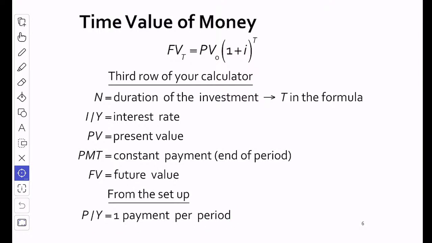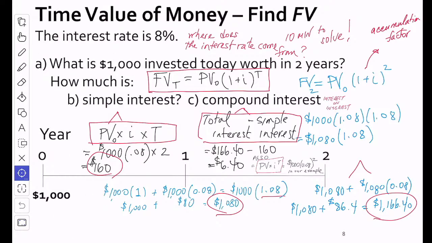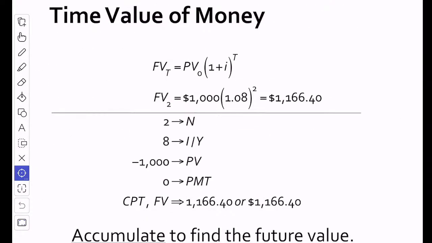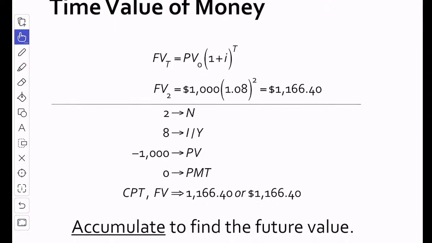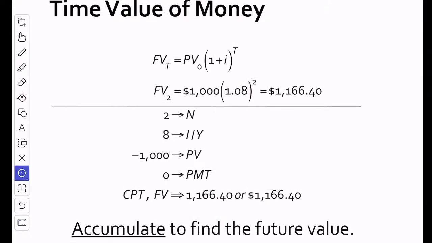Now we're going to use this finance function in the calculator to calculate our answer. So in a test situation, if I ask you a question like this, what I expect to see is the formula with the values inside and the answer. That's it. Maybe a timeline.